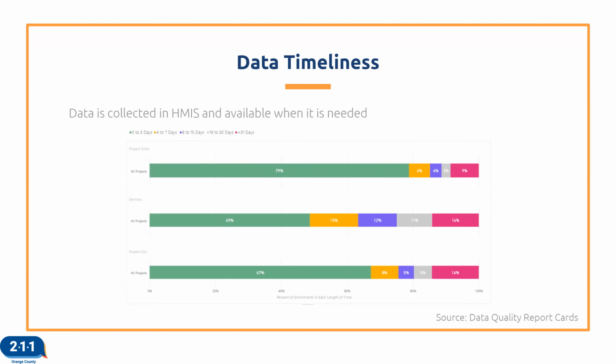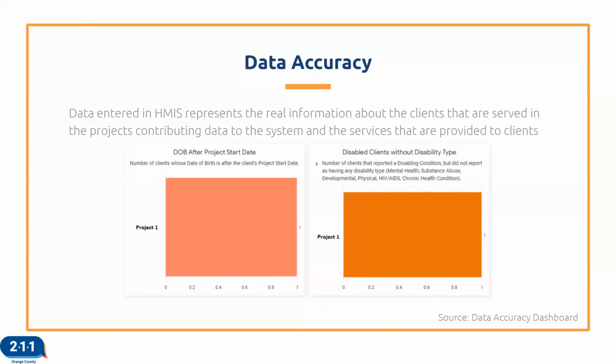For example, if a client enters your project on Monday, but it's taking you until Friday to enter that data into HMIS, that's what data timeliness is looking at, how long that's taking, because the sooner the data is in HMIS, the sooner it's available to be reported on, and also the more likely it is to be accurate, because it's still fresh in your mind. Next slide.